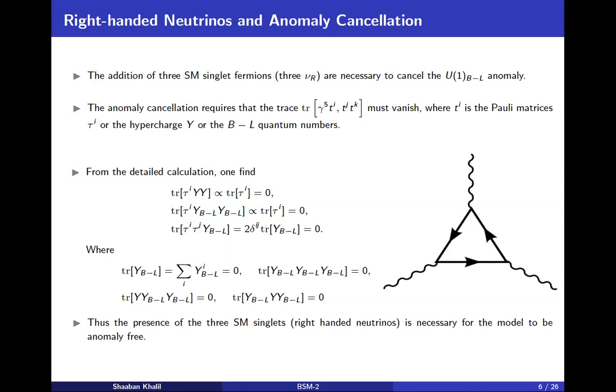Now, B minus L, for only standard model particles, will not work. You need singlet fermions with definite B minus L, equal to minus 1, to give you this result. I mean, we have to get the sum of hypercharge equal to zero in a specific interaction. It depends on each diagram: how many gauge bosons you have, how many interactions you have.